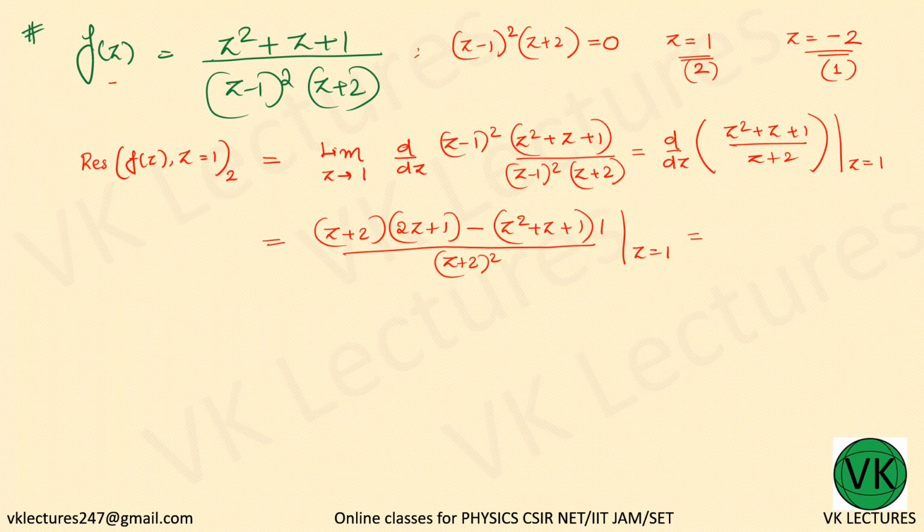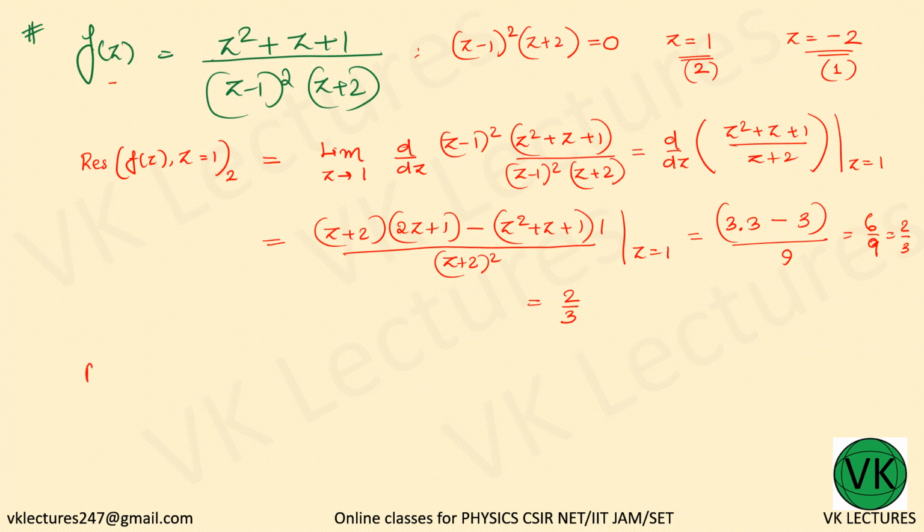So that is 3 into 3 minus 3, divided by (1 plus 2) squared, that is 9. So 9 minus 3, 6 by 9, that is 2 by 3. So the residue is 2 by 3.